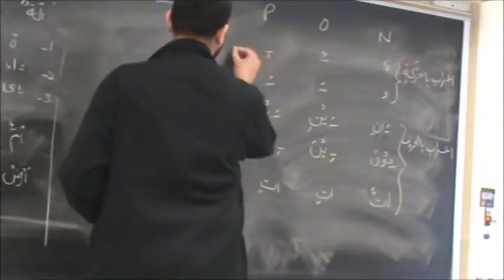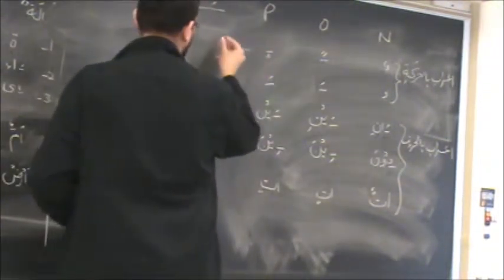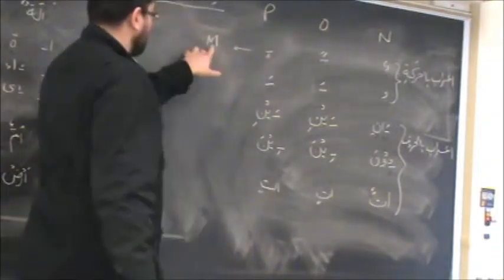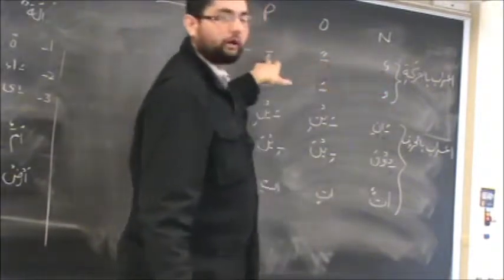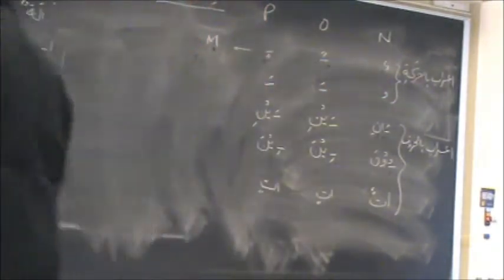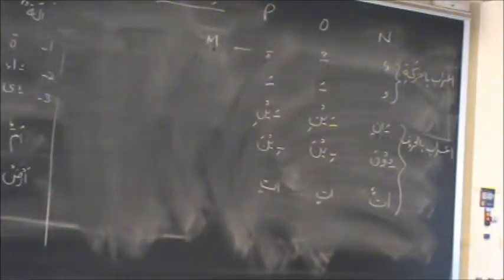Now we said that a masculine, we know that a masculine can have this i'rab, right? Like sadiqun, sadiqan, sadiqin. It was a masculine, so it can have that i'rab. But a feminine can also have this i'rab, right?